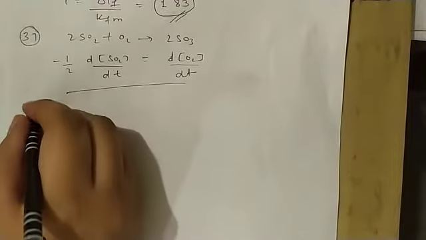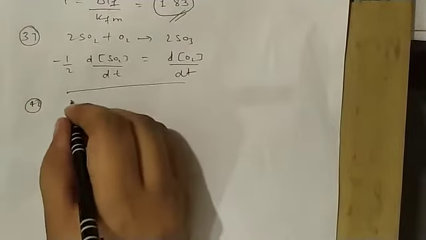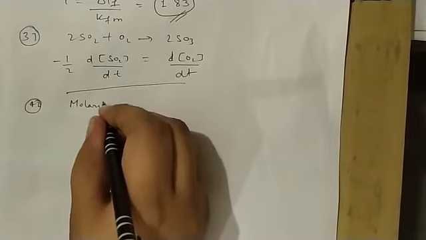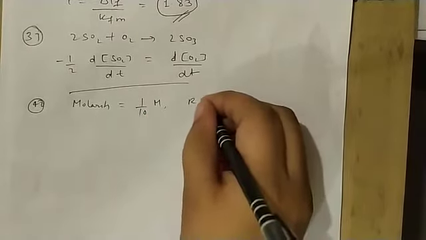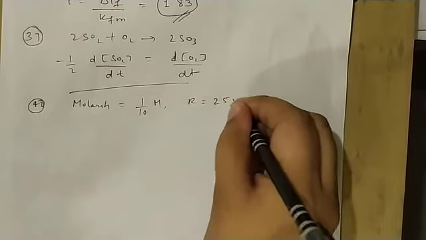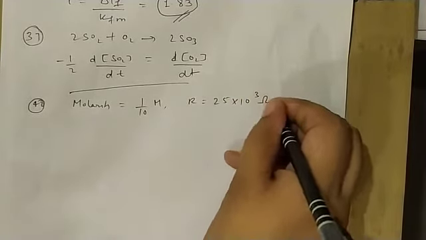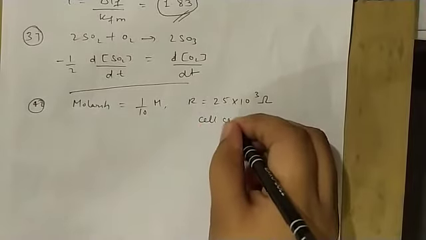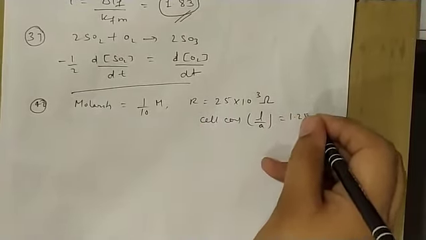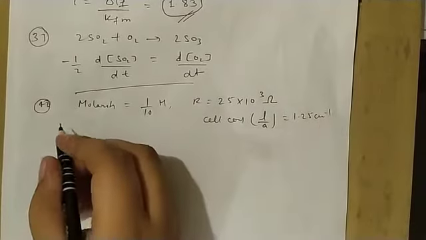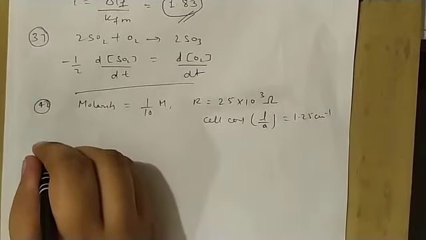Let us solve the question. We are solving question number 42. Molarity is given. Molarity is equal to 1 by 10 molar. Resistance is given 25 into 10 to the power 3 ohm, and cell constant, which is L by A, is equal to 1.25 centimeter inverse. First we will calculate the conductivity of the solution.